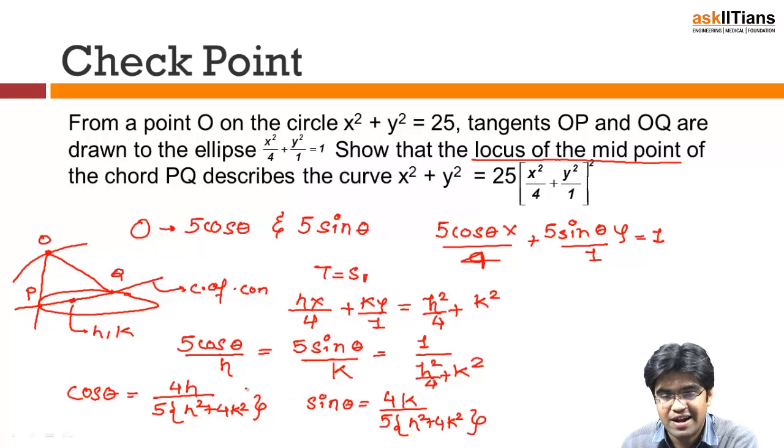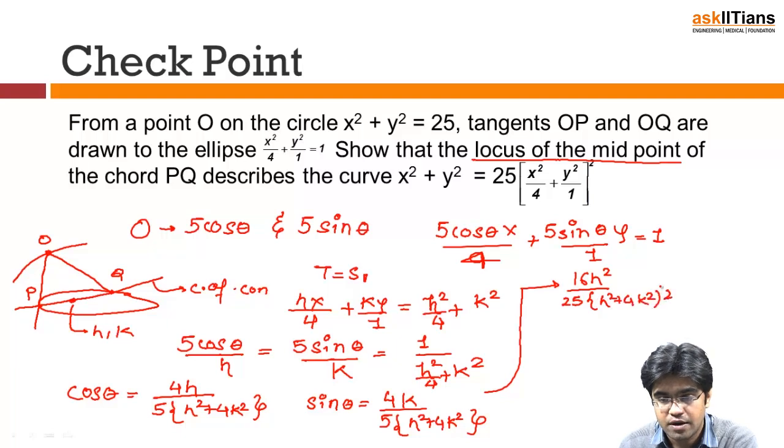When you square and add these two equations and replace h comma k with x comma y, you will get 16h square divided by 25 times h square plus 4k square, plus 16k square by 25 times the same thing, h square plus 4k square, is equal to 1.